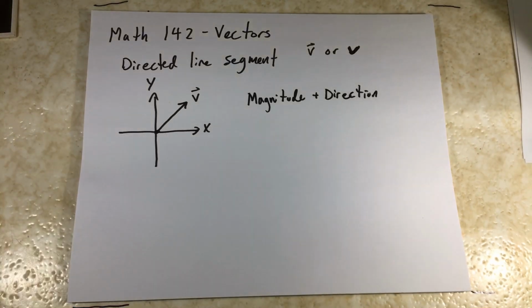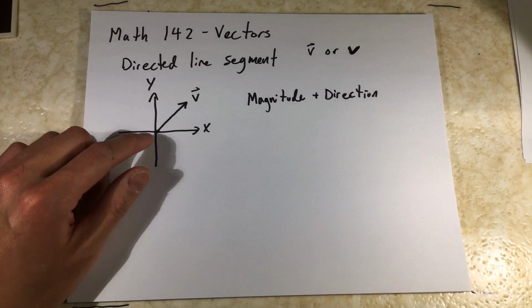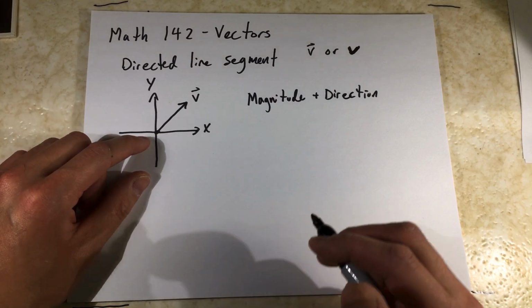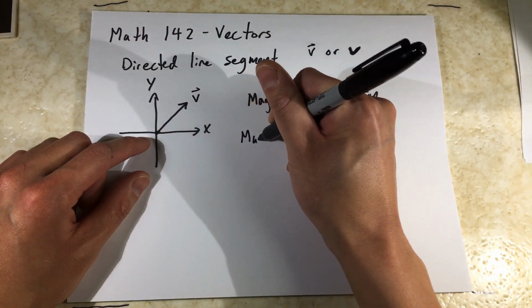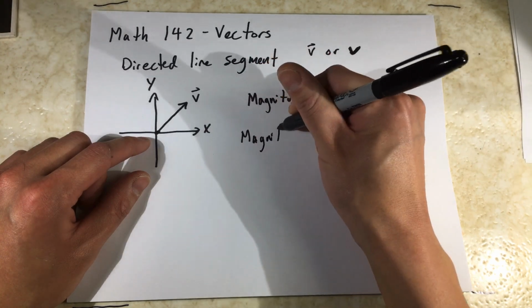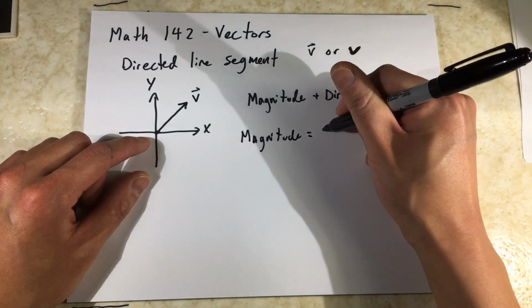Okay, so the magnitude would be basically its value. So an example of a vector would be a force, like a 30-pound force that's directed downward, something like that. For the vector itself, though, its magnitude is equal to the length.